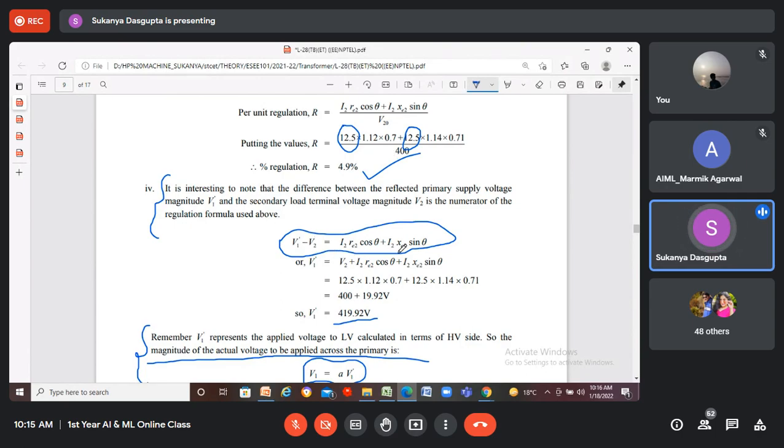If you write only the formula, no one will understand what you have taken, because in transformer, always you have to draw the main circuit or the equivalent circuit as well as the phasor diagram. You have to mention whether you are taking the equivalent circuit referred to the primary side or referred to the secondary side, because the phasor diagram will be changed, right? If you consider the low voltage side, the phasor diagram will be something different from if you take the equivalent circuit referred to the high voltage side.